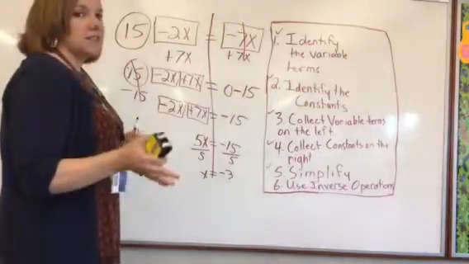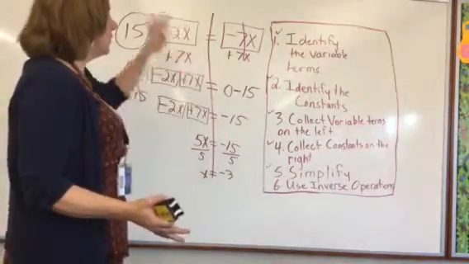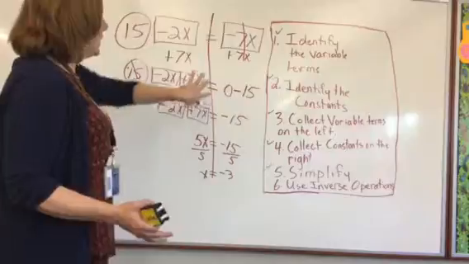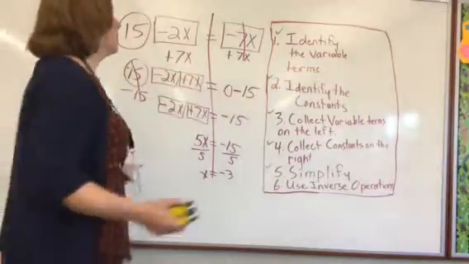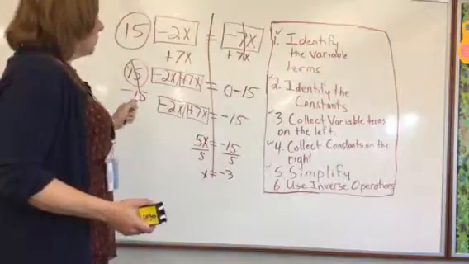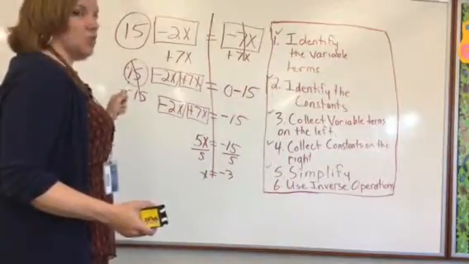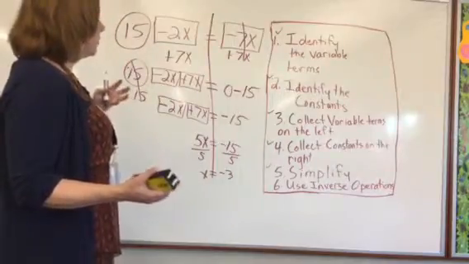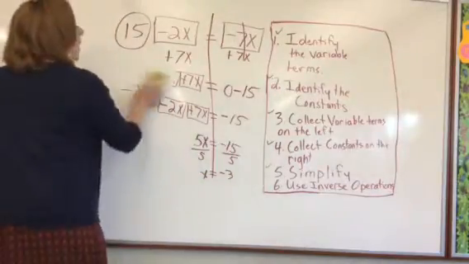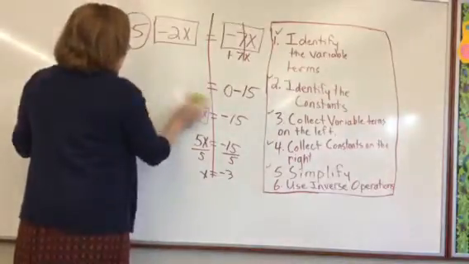In Mrs. Phasic's class, we like for you to solve it like this so that you get the variable terms on the left and the constants on the right. There is another way you can solve it to come up to the right answer. You just have to remember then how you're going to express that whenever you get down to the end. So I am going to erase this part here.